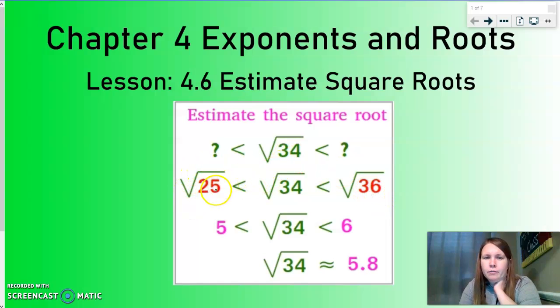The square root of 25 is 5 and the square root of 36 is 6. We can use those measurements to help us determine a value for the square root of 34, which is about 5.8. So this is where we're going to get solutions that have decimal values and aren't nice, clean, whole numbers.